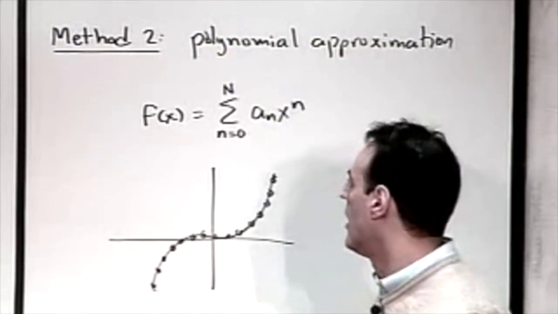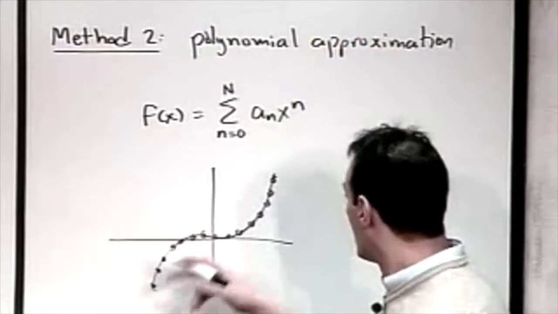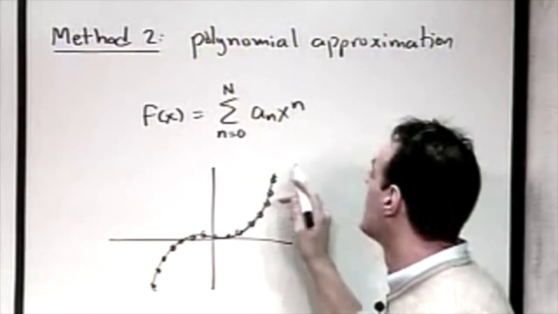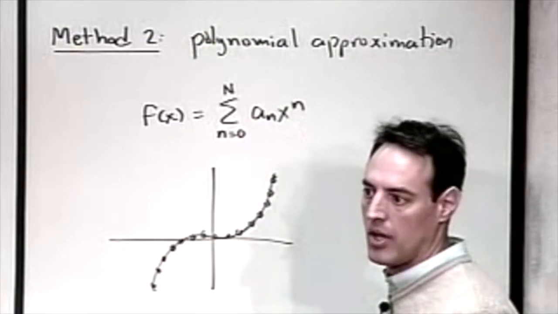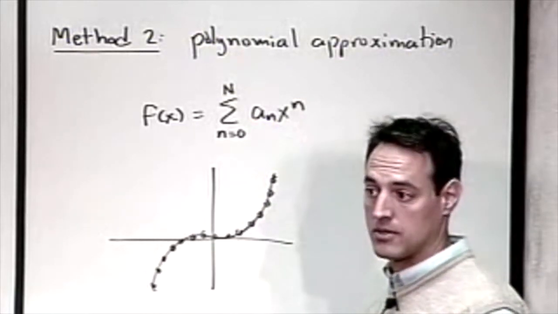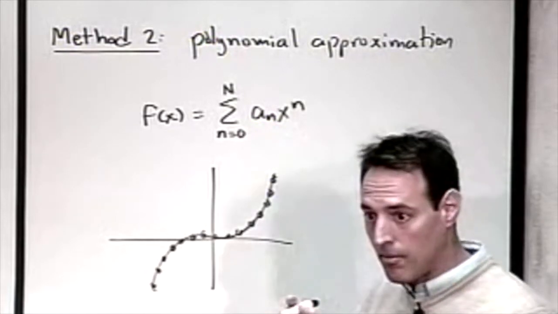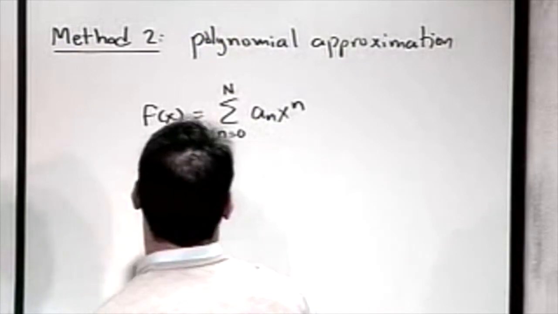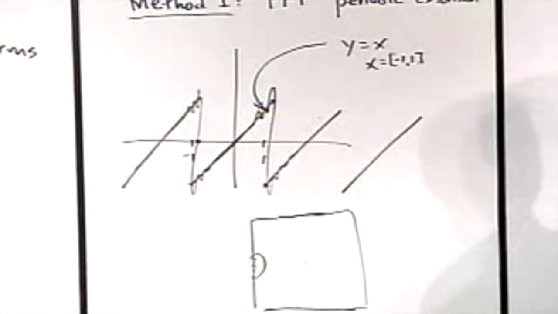I can pick A0, A1, A2. In fact, however many points I have, if I have n plus 1 points, I have an nth degree polynomial that will guarantee to go through every single point, however I discretized it. The problem with that is this. Go back to that example. I have a line.